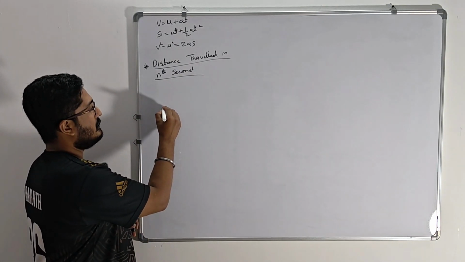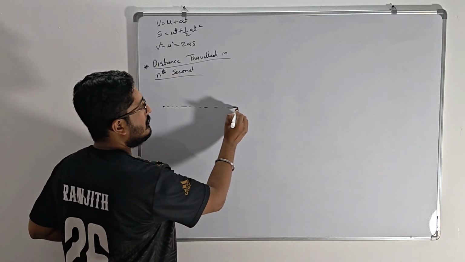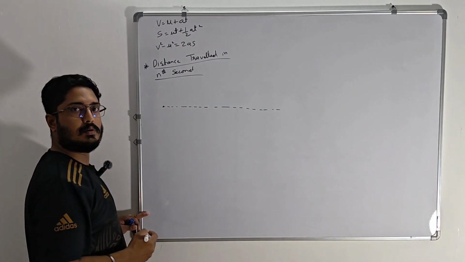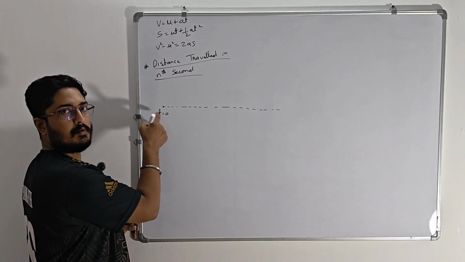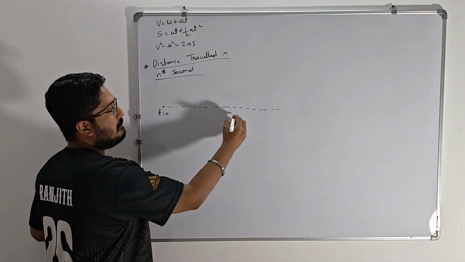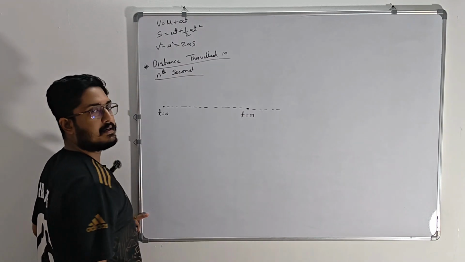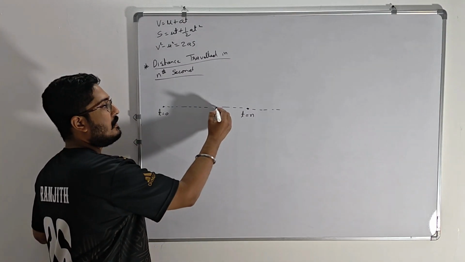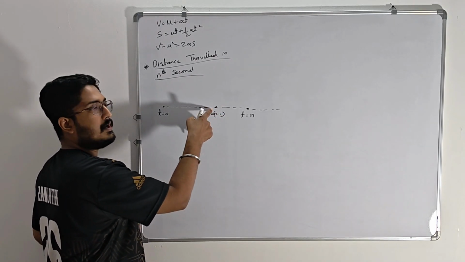Let us say the particle starts from here and moves in this direction. So time t equals 0 is here. The particle just started. After some time, t equals n seconds, the particle is, let us say, here. Before that, at time t equals n minus 1 second, the particle was here.